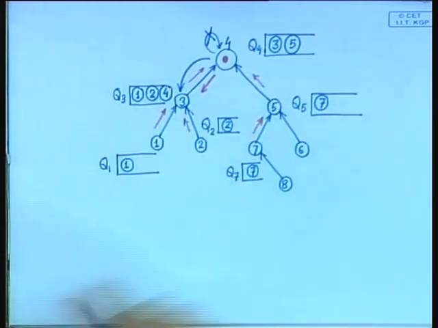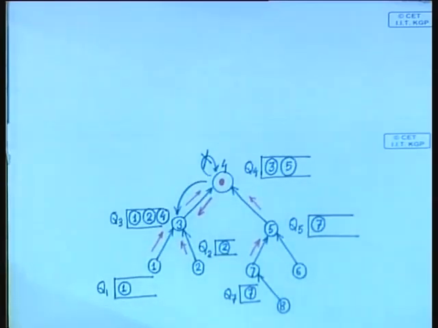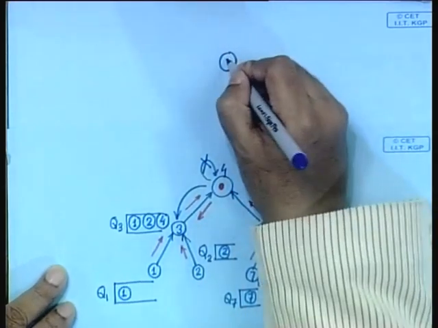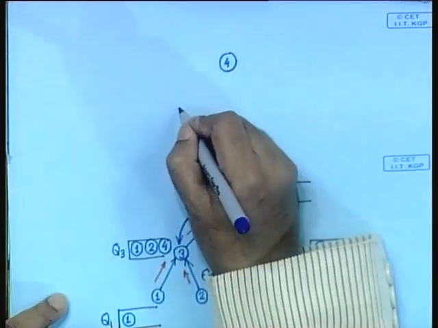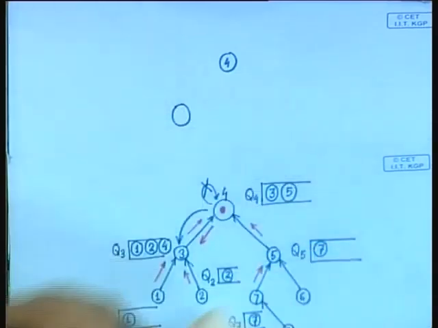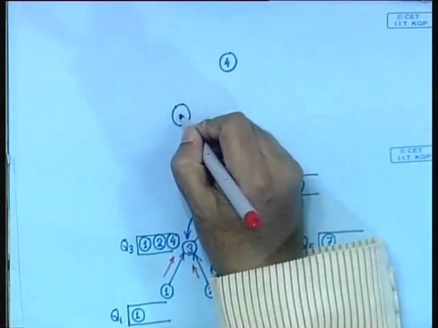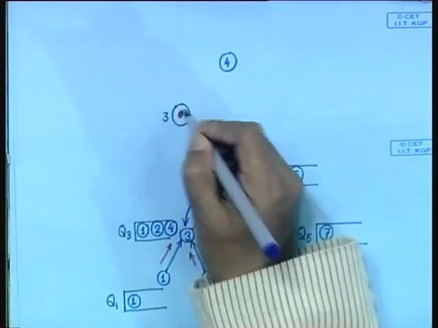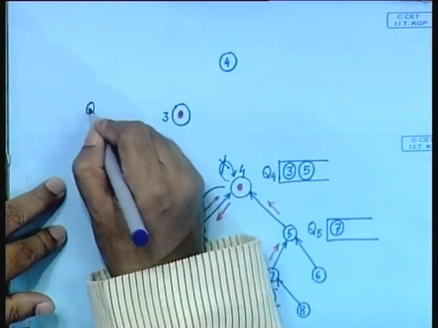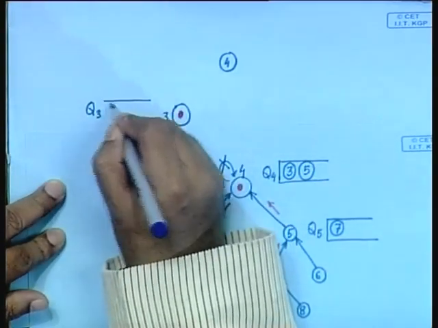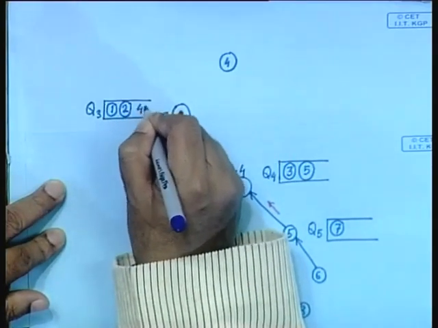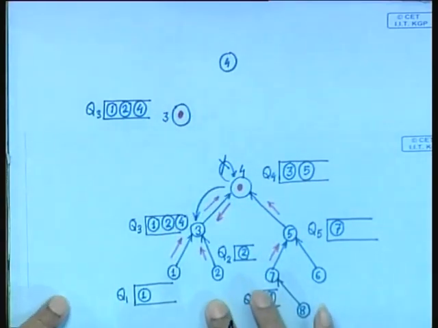Okay. So, let me redraw the scenario now. Under the circumstances, let me redraw the scenario so that we have more clarity. So, now 4 does not have the token anymore. Okay. The node 3 has the token. Q3 has 1, 2, 4 in its request queue, right.